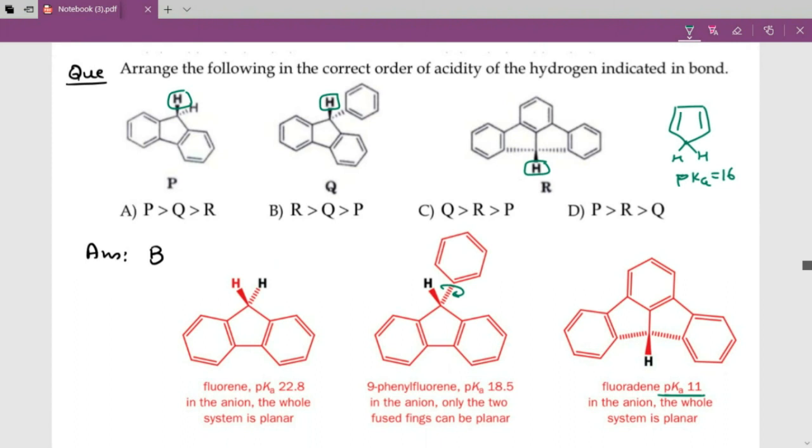It can have more rigidity towards the planar structure. Here it is not. Whereas here, the whole system is planar, but the resonance is only with respect to rings. I think taking this into consideration, you will be able to conclude that the correct order of their acidic strength will be R, then Q, then P.